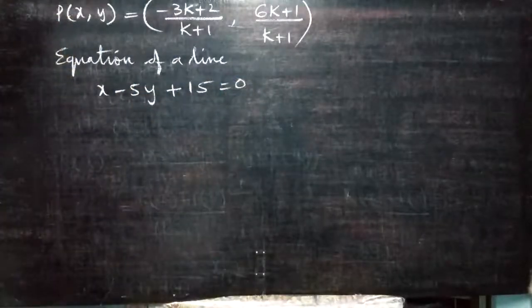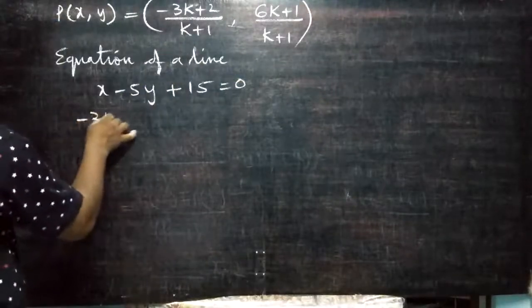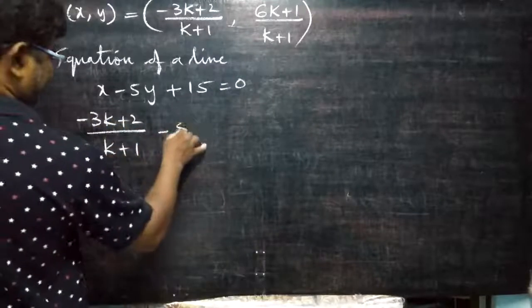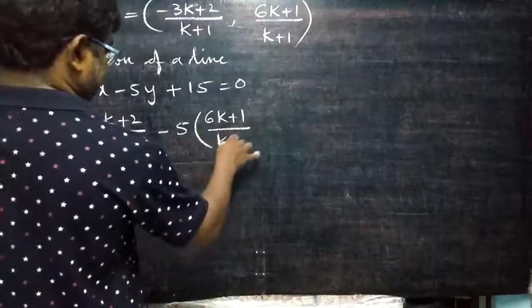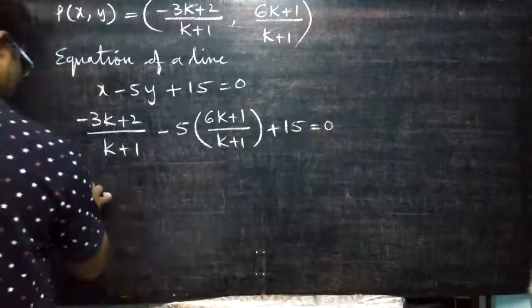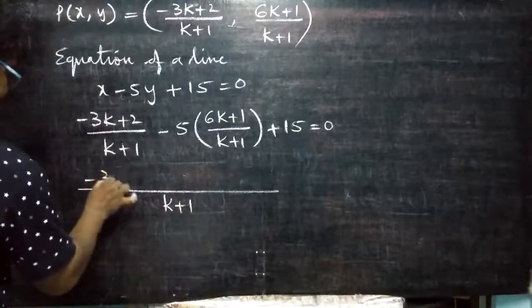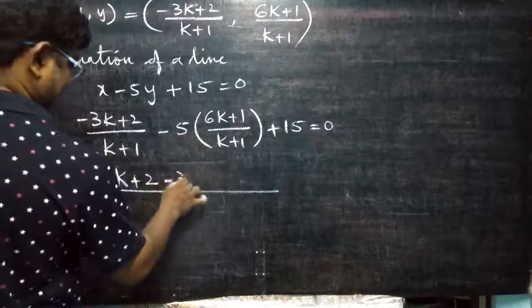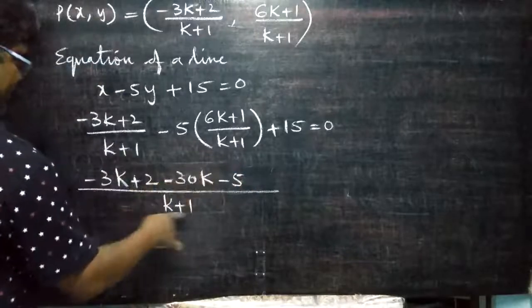In place of x, put (minus 3k plus 2) by (k plus 1), minus 5 into the y value (6k plus 1) by (k plus 1), plus 15 is equal to 0. The denominators are the same, right?